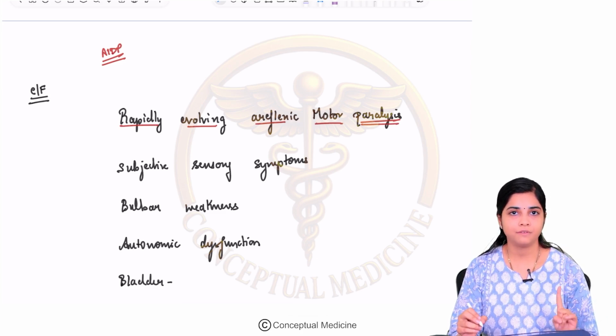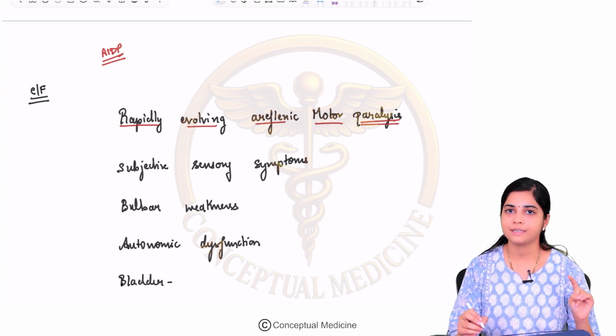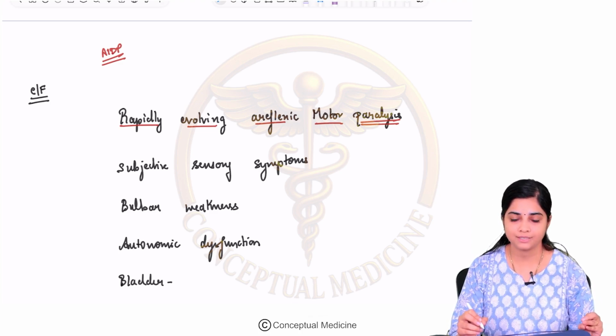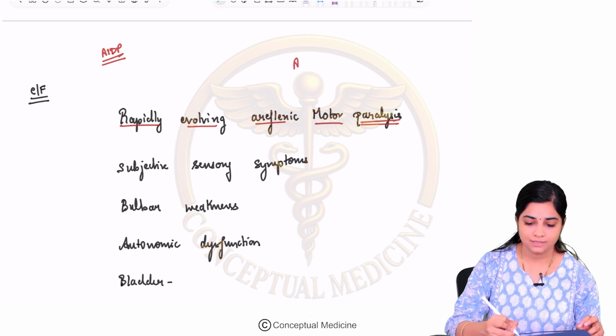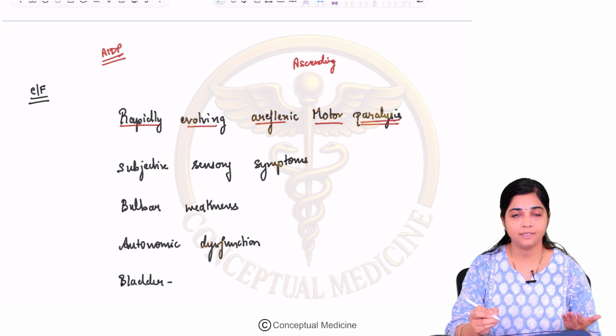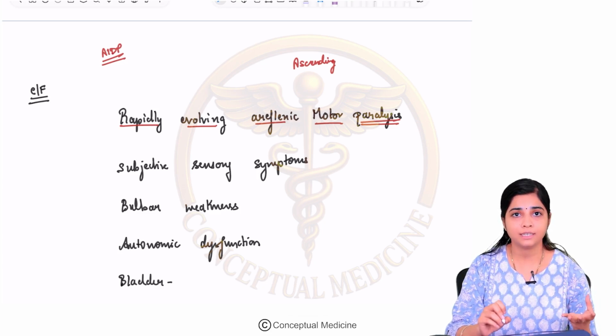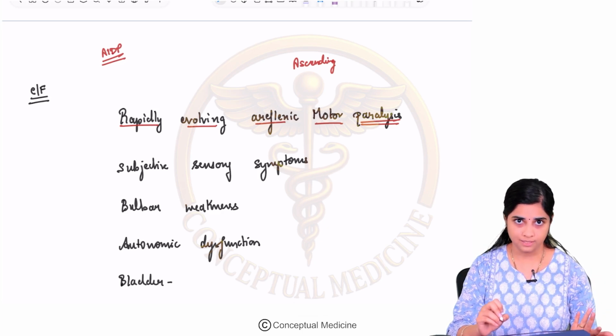So again, every word here is important. It has an acute onset, rapidly progressive. What type of paralysis? It is an ascending paralysis, right? So the pattern is ascending. It begins in the lower limb and goes upwards, right? So the patient may clearly tell you that it began in the lower limbs and it goes upwards.